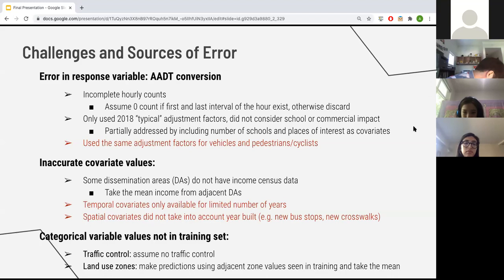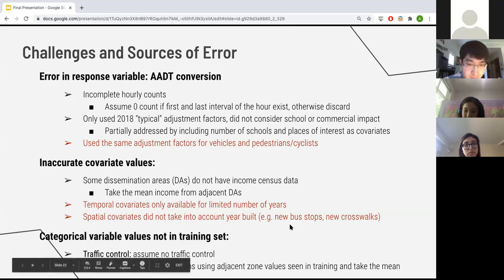For census data, it's only available every 5 years. For bus stop usage, it was selected by variable selection, but we only had data from 2014 onwards. So we couldn't include it as a covariate, as that would cut our training data to less than half. And from our cross-validation results, we decided it's not worth it.